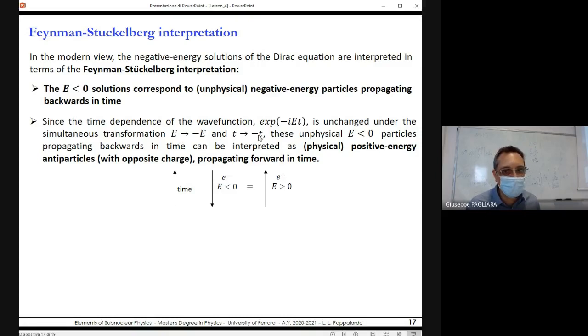So in this interpretation, these unphysical negative energy particles propagating backward in time can be reinterpreted as physical positive energy antiparticles with opposite charge propagating forward in time. From the mathematical point of view, there is no difference. From the physical point of view, there is an immense difference, of course.